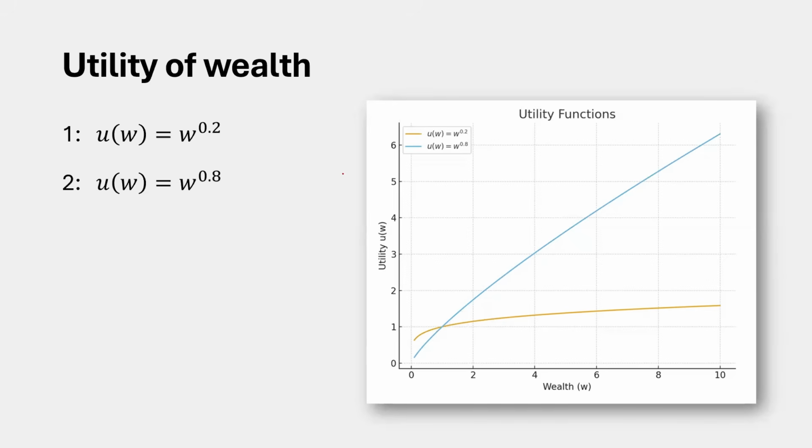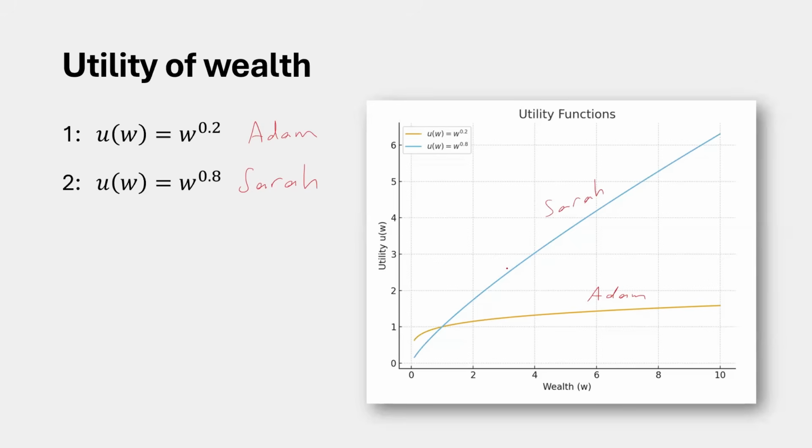The easiest way to think about this is that let's assume we are talking about two different people here. So let's say the first one is Adam, and let's say the next person is Sarah. Okay, so these are their utility functions. So this one, 0.2, is for Adam, and this one is for Sarah.